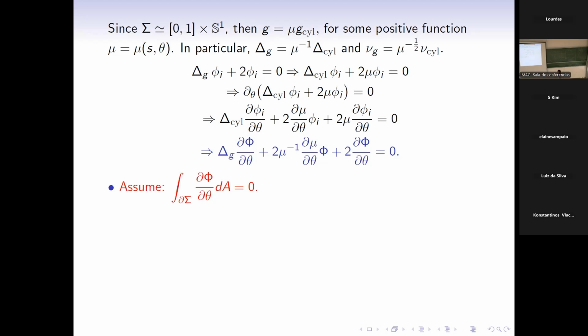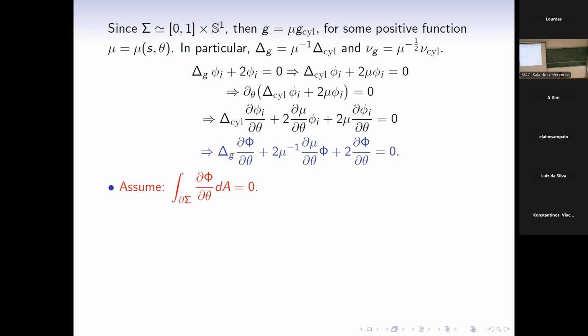So I will show you the case when we have this extra condition. We assume that the integral over the boundary of this guy here is 0, and this makes things much simpler, because with this condition, I'm telling you that I can use the coordinate functions, at least from 1 through 3, as test functions for sigma 1, because my first eigenfunction phi naught is constant on the boundary.